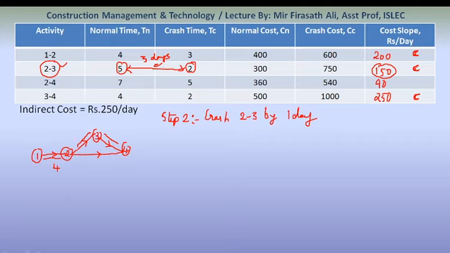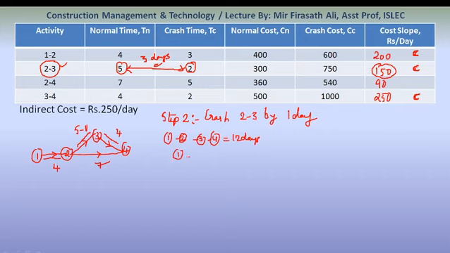Activity 2 to 3 was 5 days, but we are crashing it by 1 day, so 5 minus 1. The next, 2 to 4, is 7 days and 3 to 4 is 4 days. Now calculate: 4 plus 4 plus 4, 12 days. So the critical path remains the same: activity 1 to 2, 2 to 3, 3 to 4, with 12 days.